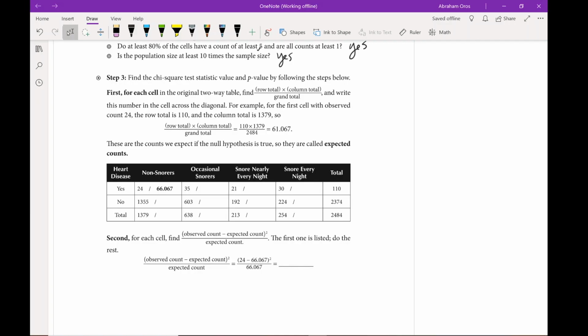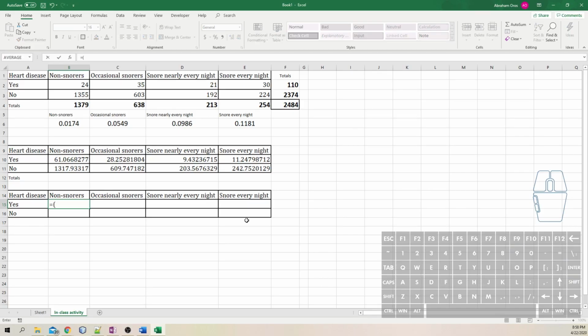All right. Second, for each cell, find the observed count minus the expected count, square it, and then divide by the expected count. The observed count is 24, minus the expected count, which is 61.06, blah, blah, blah.